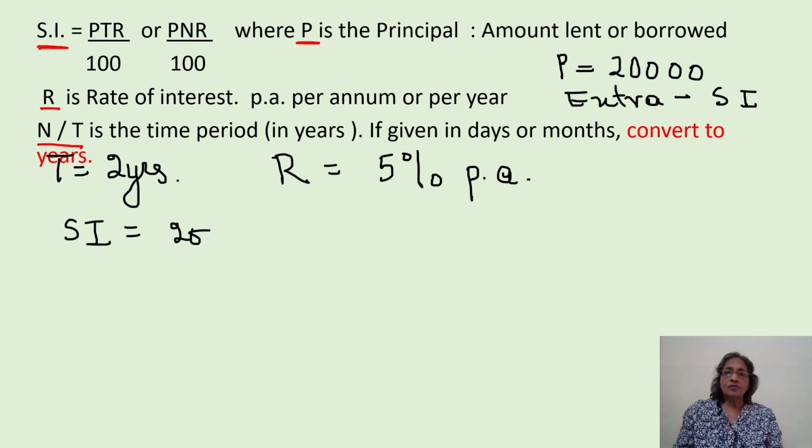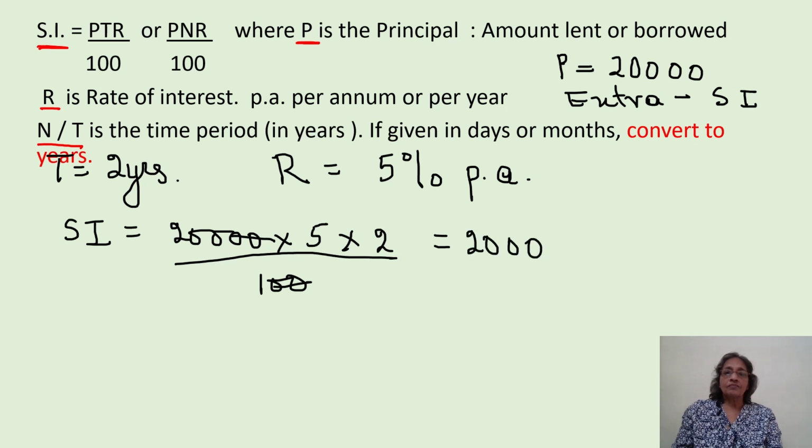Principal is 20,000, rate of interest is 5, and the time period is 2. So the extra amount that he gives you is 2,000 rupees.